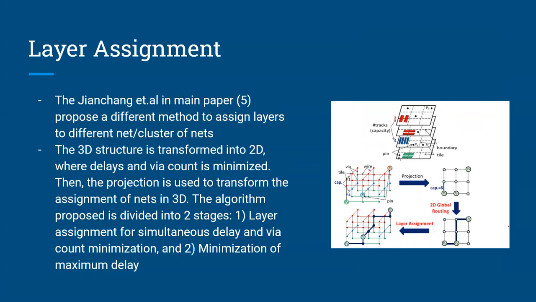And then the projection is used to transform the 2D assignment back into 3D. And the algorithm that they propose is divided into two different stages. The first is a layer assignment for simultaneous delay and via count minimization, and the second is minimization of maximum delay.